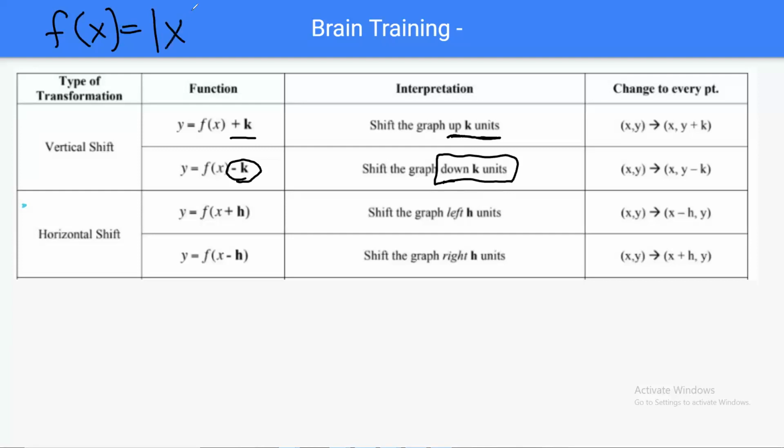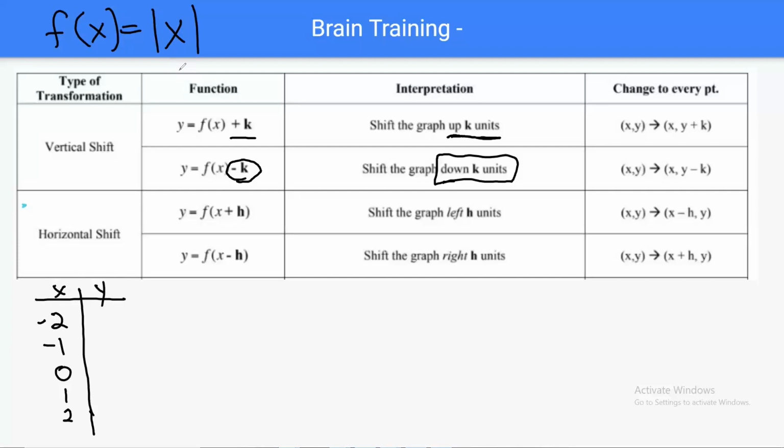Now, before I talk about the point, our first parent function, and the one that we're going to be transforming again, is the absolute value of x. The parent points of this, meaning if I wanted to graph absolute value of x, is what we already know how to do. -2, -1, 0, 1, 2.